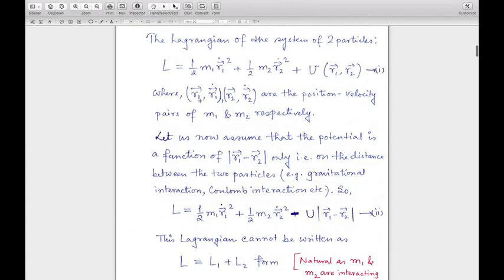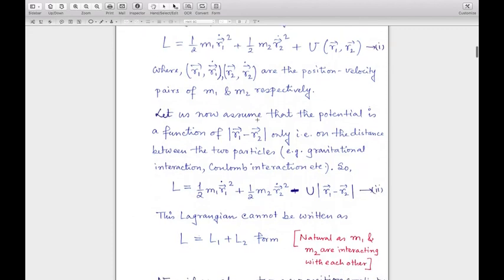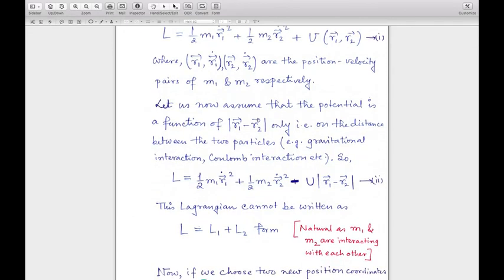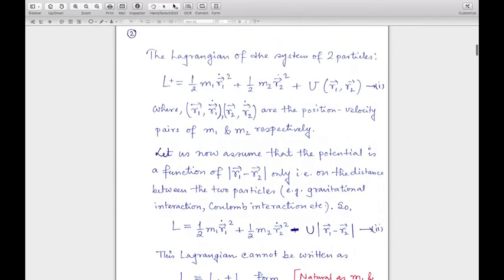So here I have defined that r1 and r1 dot are the position-velocity pair for m1, and r2 and r2 dot are the position-velocity pair for m2 respectively. Now, to be very honest, if we ask whether the problem can be reduced to a simplified version if we just have a general form of U(r1, r2), well, the answer is I don't know, to be very honest.